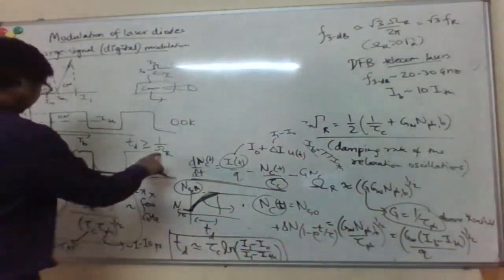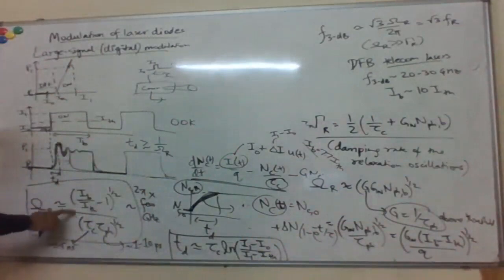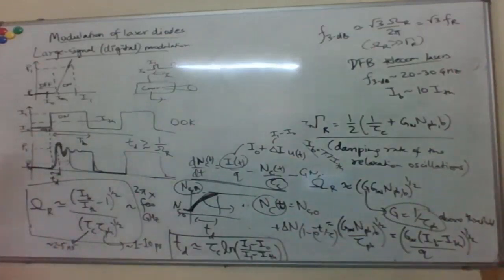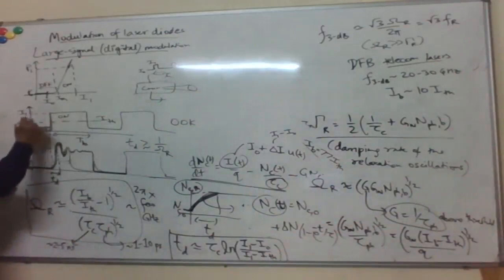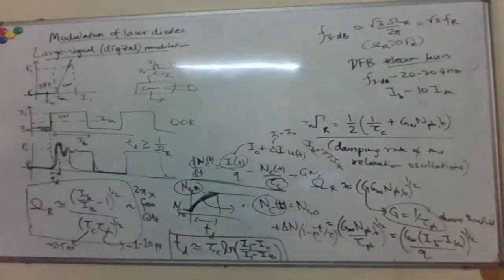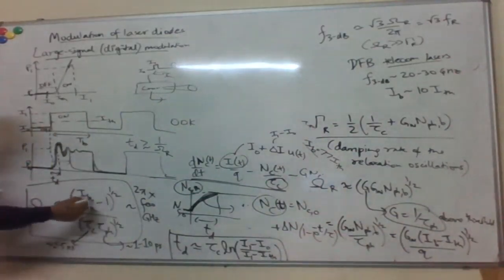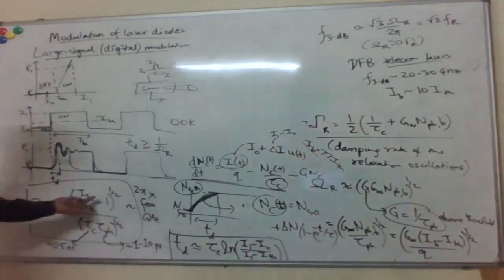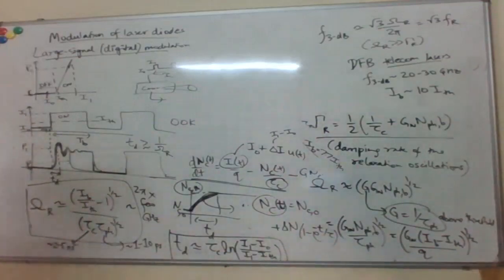So the lower limit is typically given by this, and we can see here that it depends again on the product of the carrier lifetime and the photon lifetime. And IB you can roughly imagine here to be, let's say, midway between I1 and I0 or something. So this factor typically, and it's a square root here, so if you have, let's say, 5 times I threshold, the square root of that is a number close to unity, maybe 2 or something.